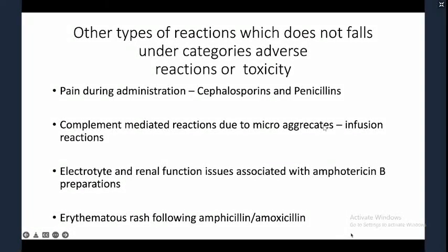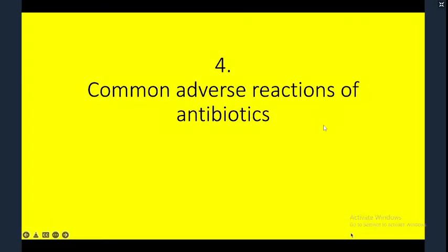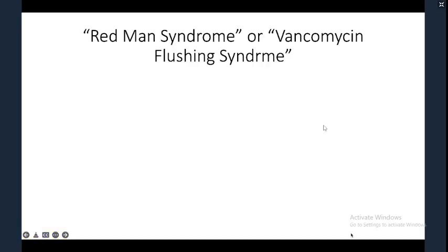The other event, which is not classified as an adverse event, but you can get with certain antibiotics like amoxicillin and ampicillin: for patients who have viral fevers, if they are given these drugs, they will get a skin reaction. So they are not directly classified as adverse events according to the definition, but may be associated with antibiotics.